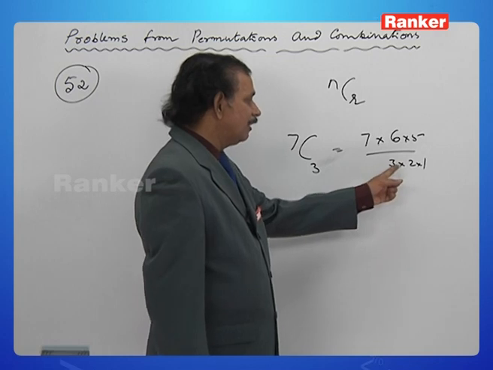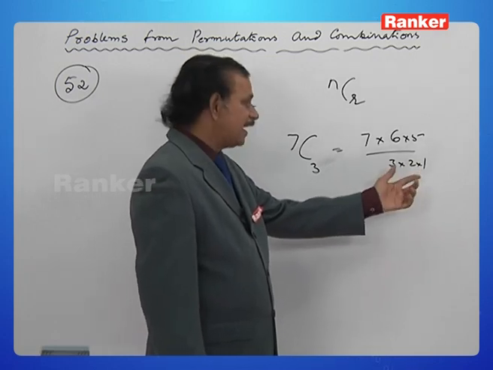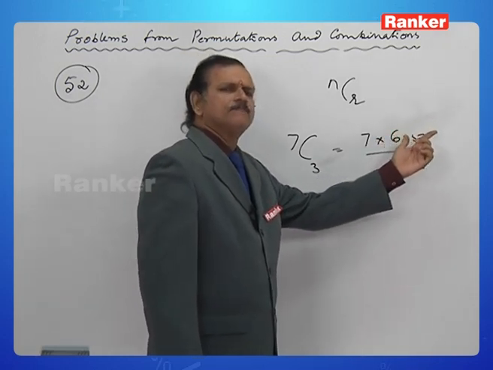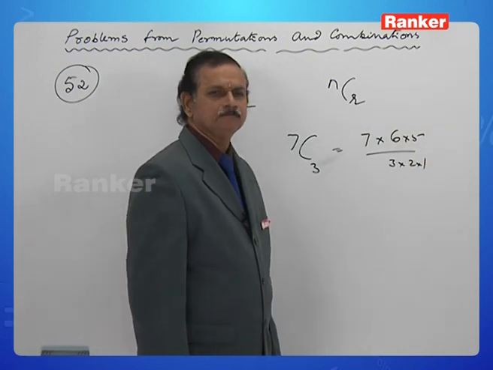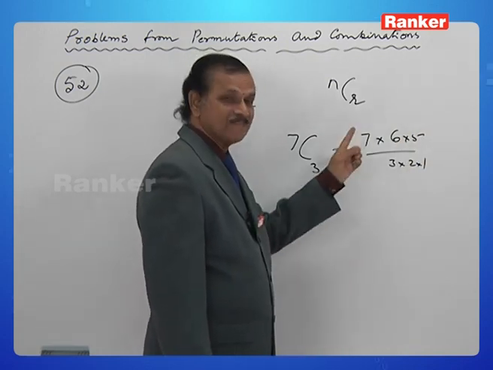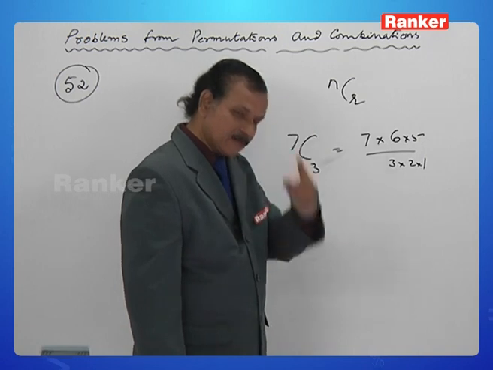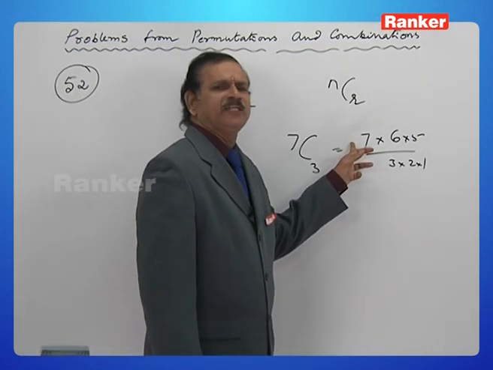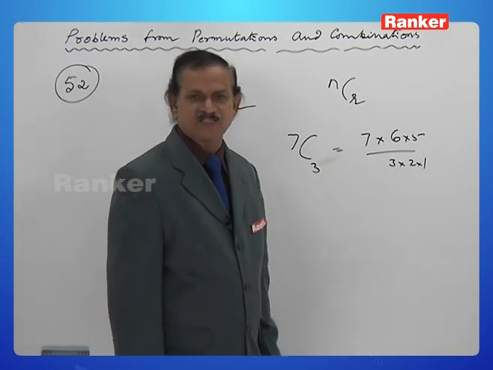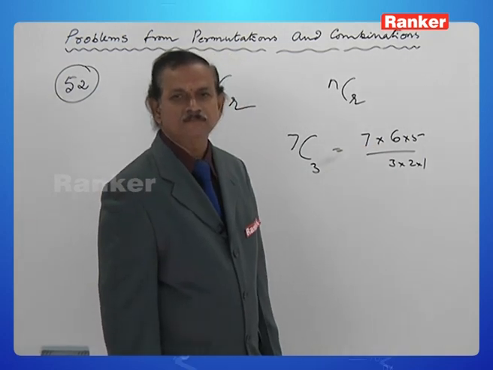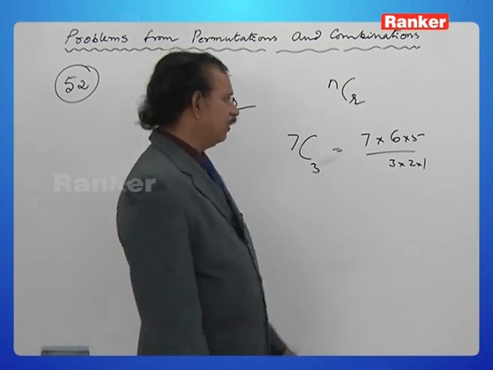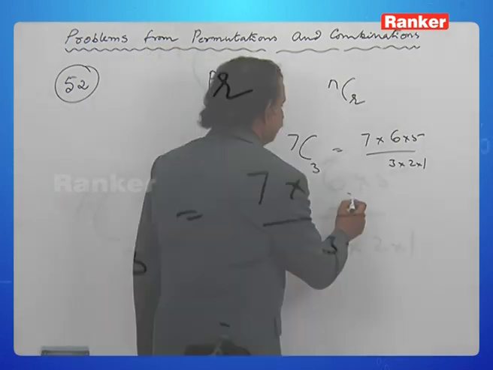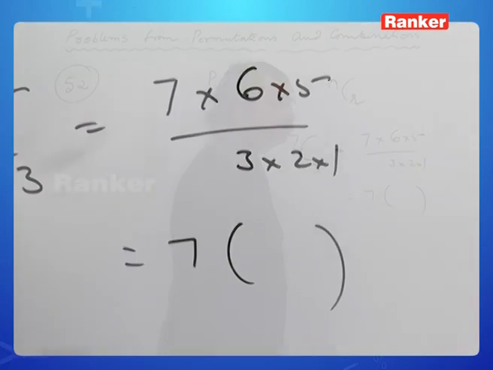So all the numbers in the denominator must be factors of some factors in the numerator, except 7. 7 is prime. It cannot be divided by any integer less than 7 except 1. Therefore, this is surely a multiple of 7.